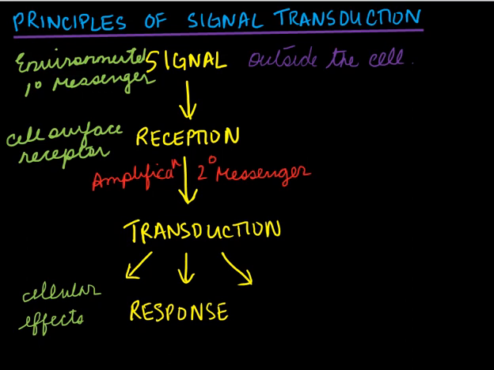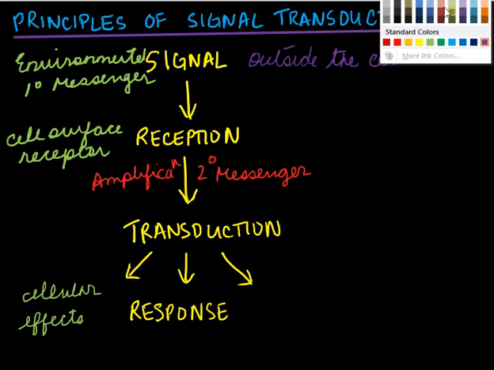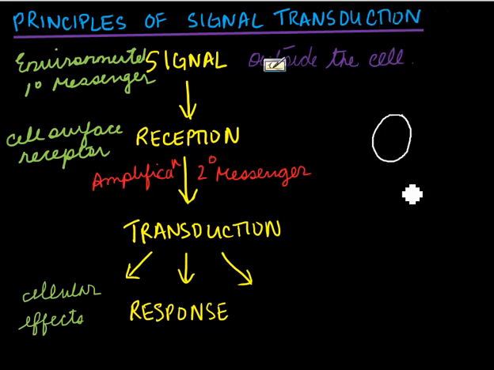Now, these are the general principles of signal transduction. So how this works is you have a signal, and this signal is usually outside of the cell. Okay, so let me try and draw this. So you have your cell, and this cell needs to communicate something to this cell, and this is a very simplified version.